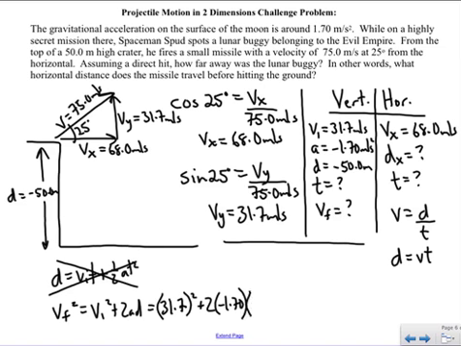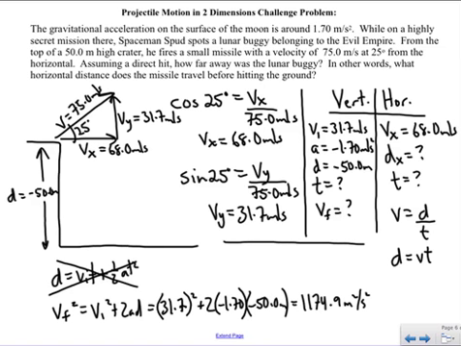And then the displacement, negative 50.0 meters. So when I punch that all out, I come up with 1174.9 meters squared per second squared.